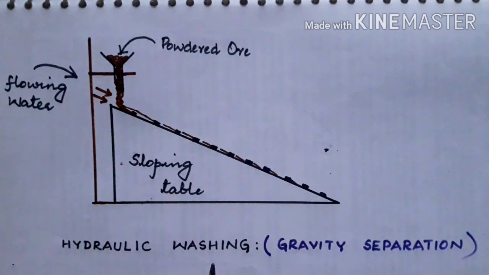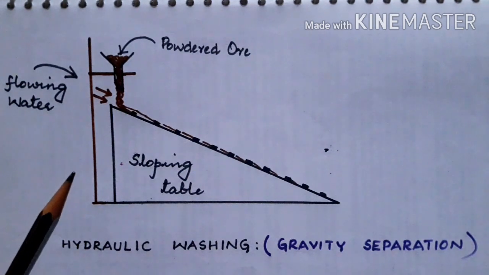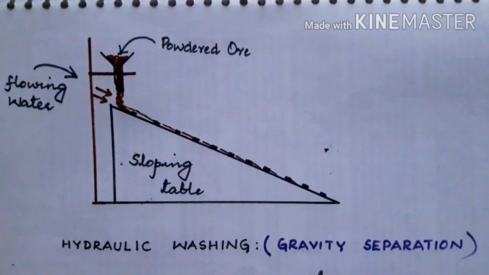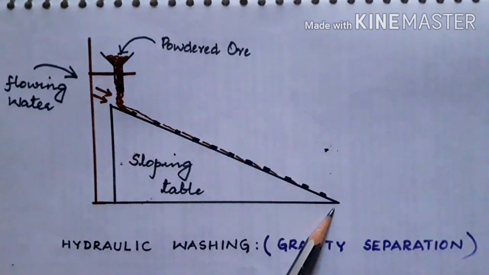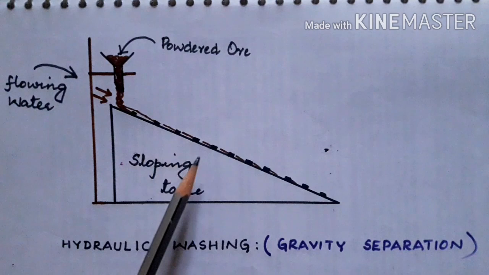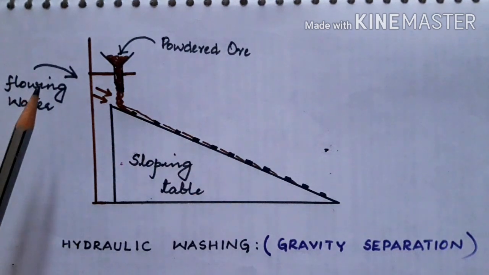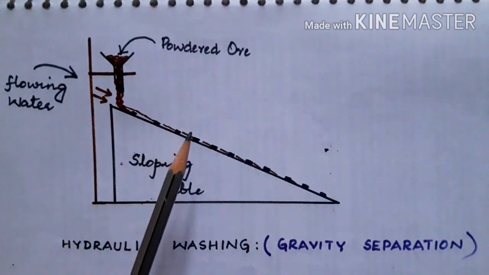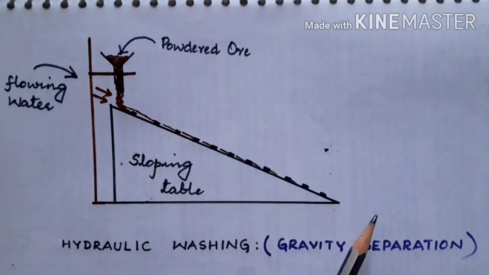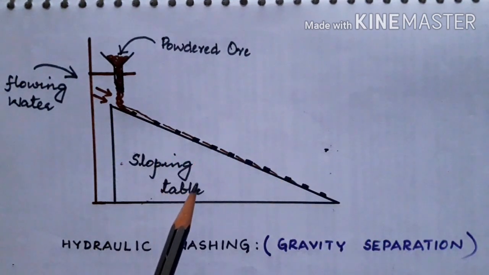The difference in gravities helps in separating the components, which is why it is understood as gravity separation. Here, the powdered ore is spread on a sloping table which contains many reefs, and water is allowed to flow from one side, when the lighter gangue particles get separated from the heavier ore particles.